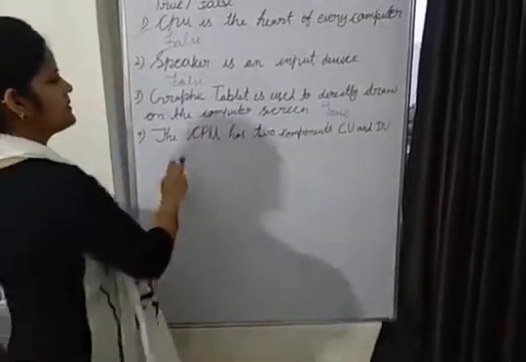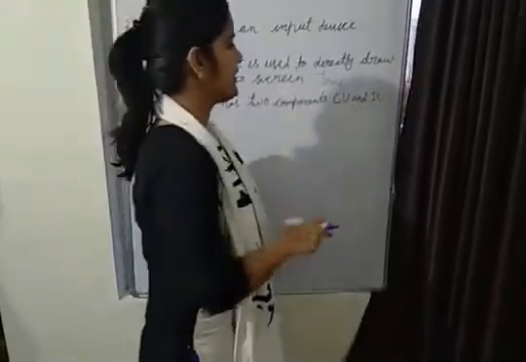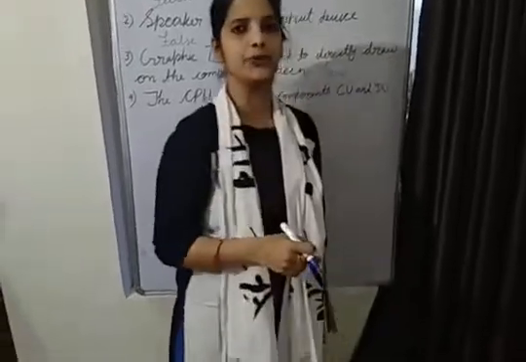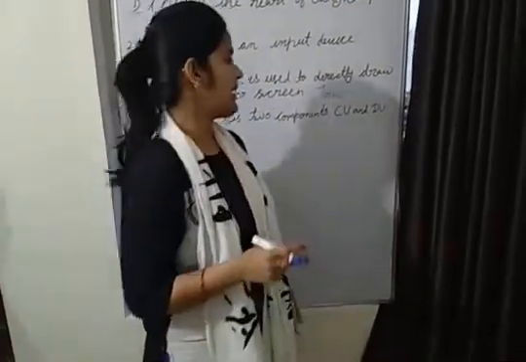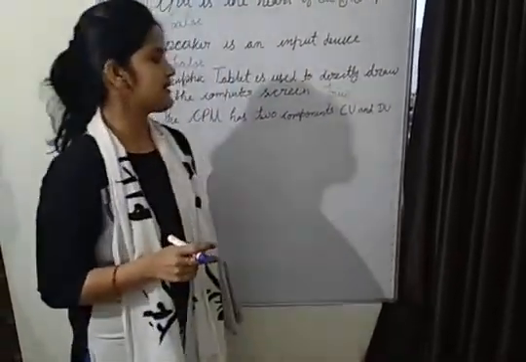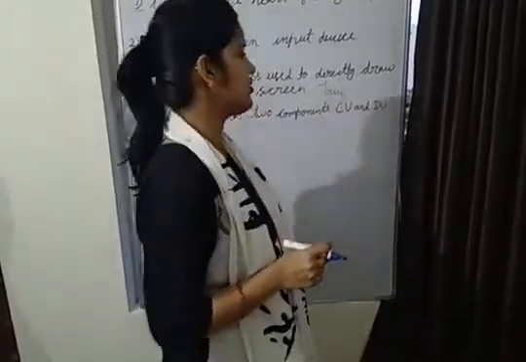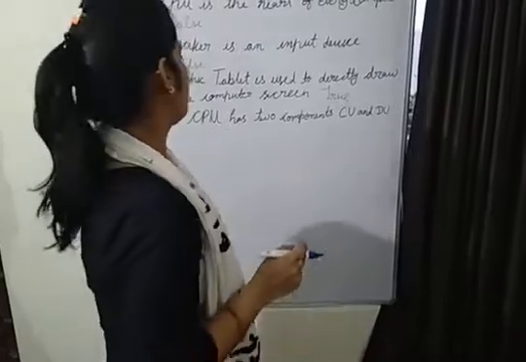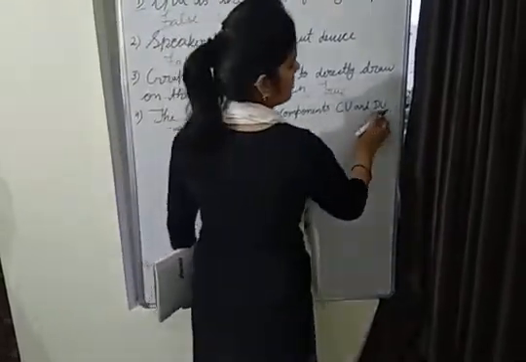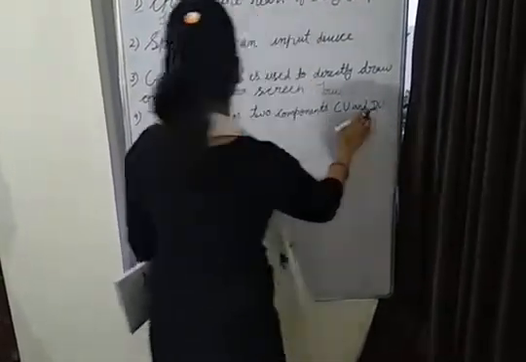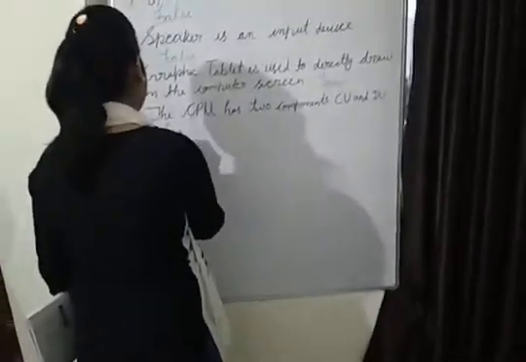Now CPU has two components, CU and DU. Students, CPU has three components: CU control unit, ALU arithmetic logic unit, and MU. So there is no DU unit. Okay, so this statement is again wrong.